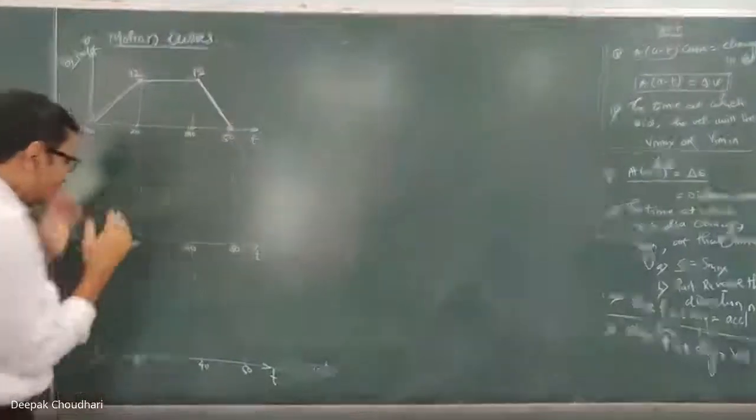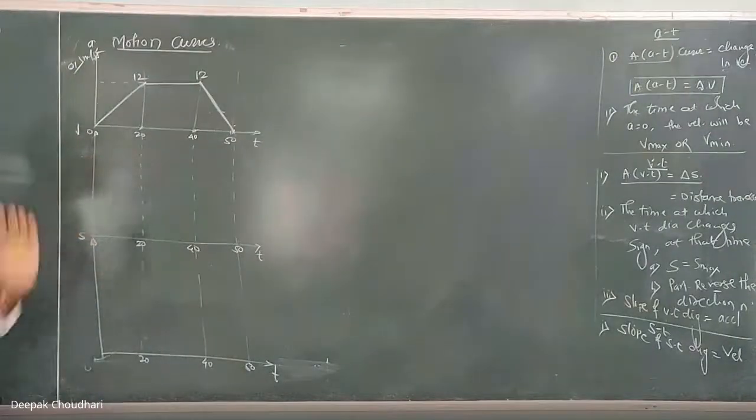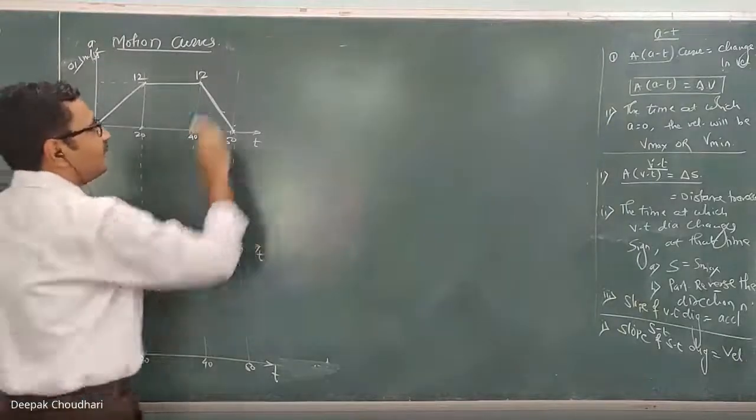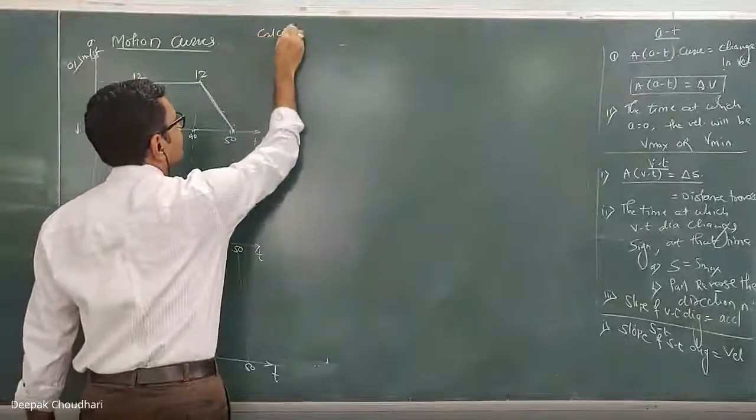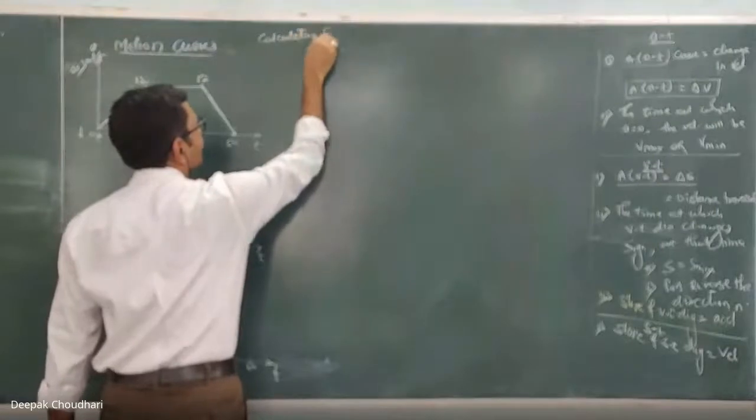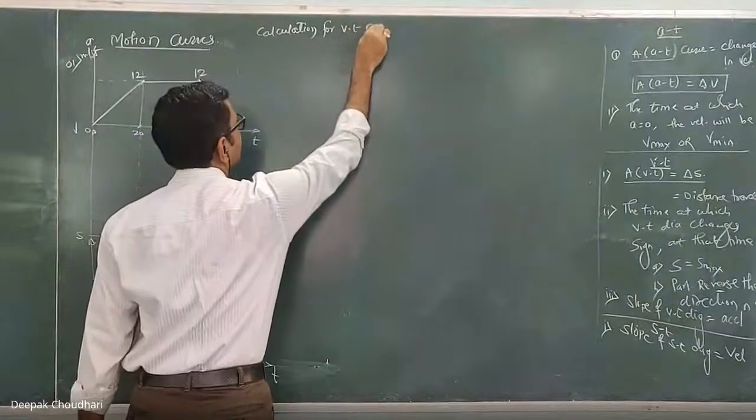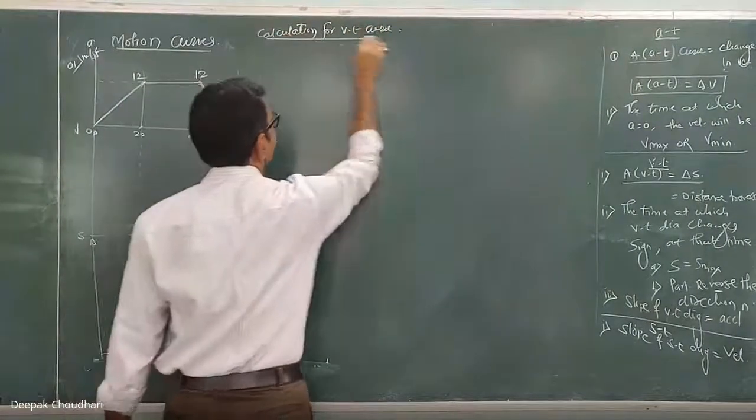Now, if you want to solve it by using the properties of the motion curve, here, now we are doing the calculation for VT curve. Now I am doing it little bit fast.